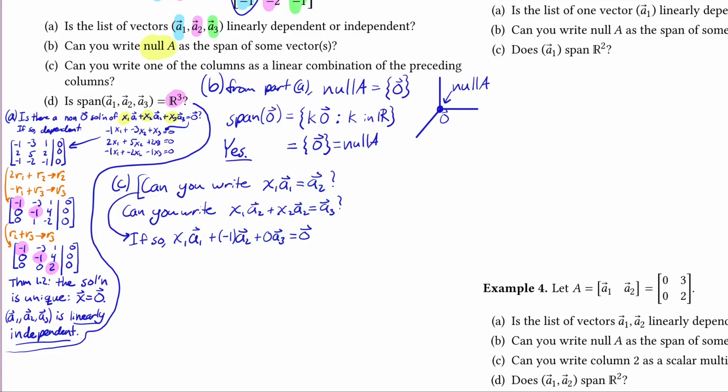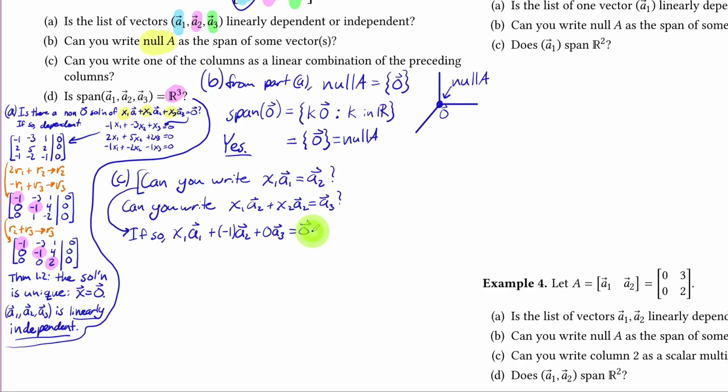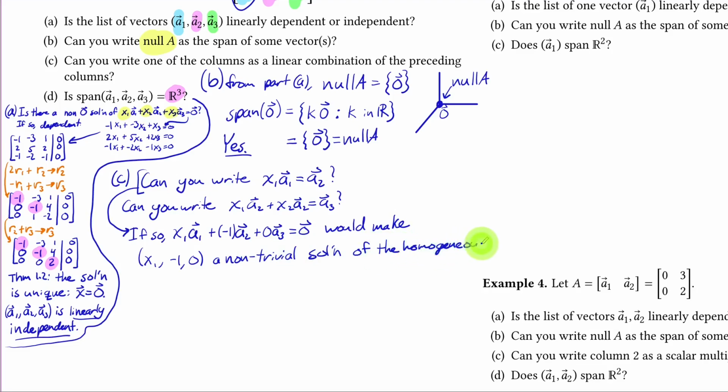And I just wrote the 0·A3, just for fun, to make the point that x1, -1, 0 is a non-trivial solution of the homogeneous equation.